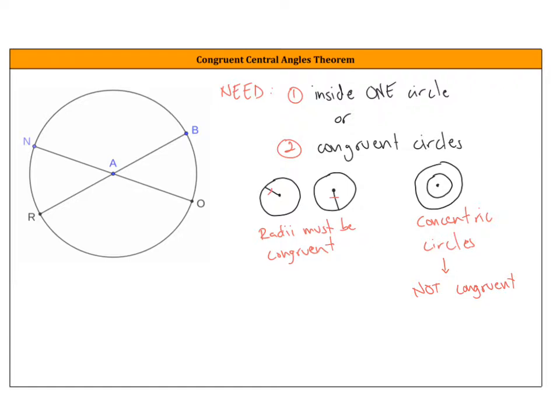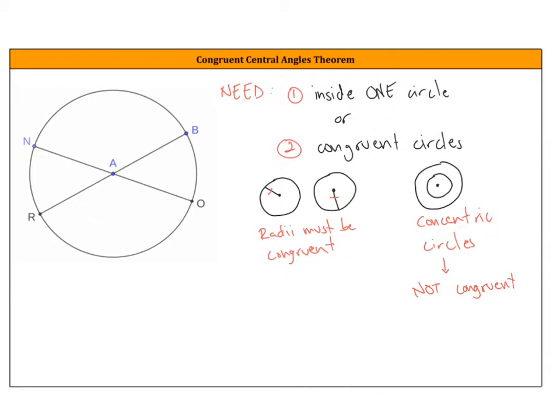All right, but let's suppose that you are working inside one circle. So this picture over here, we only have one circle to worry about. We don't have two different circles where you have to check to make sure that their radii are congruent. So we fall into option number one. We are working inside one circle.